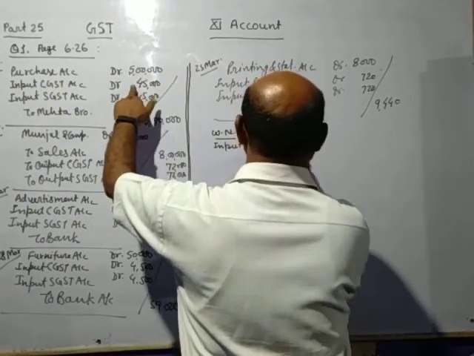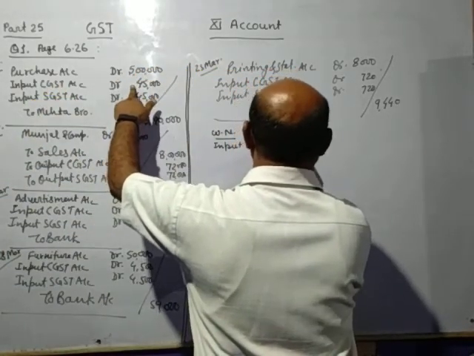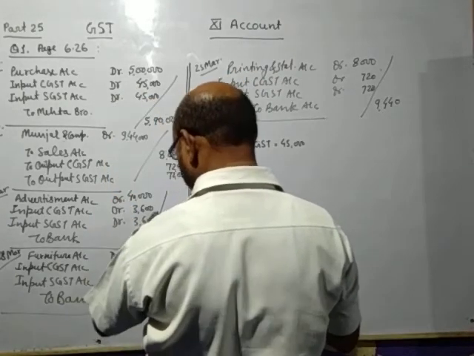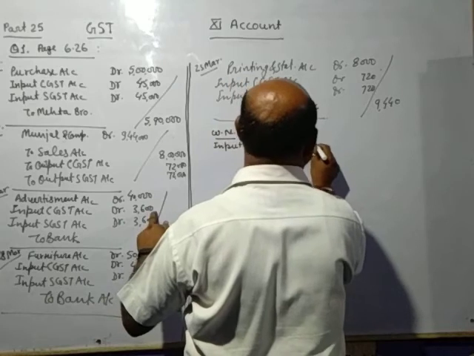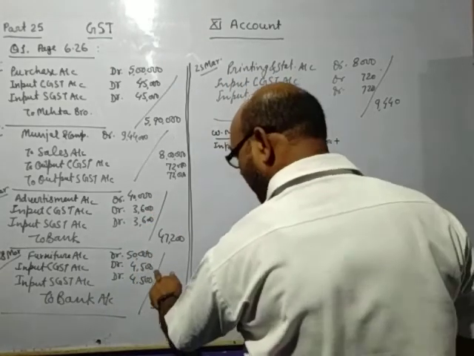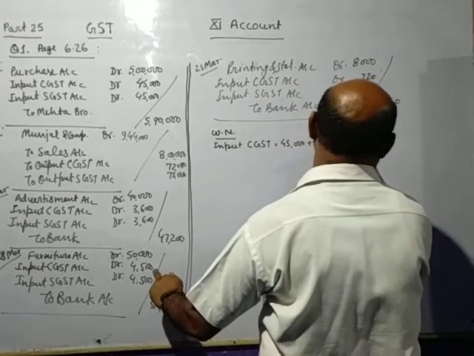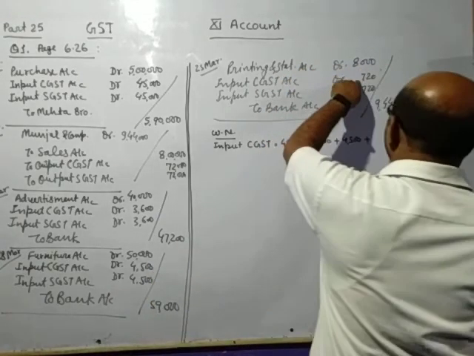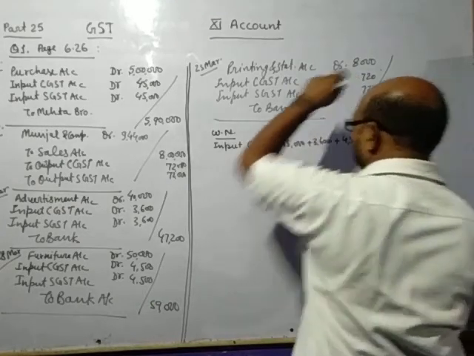You will make the addition: 45,000, plus 3,600, and here input 4,500, and here you have paid 720.